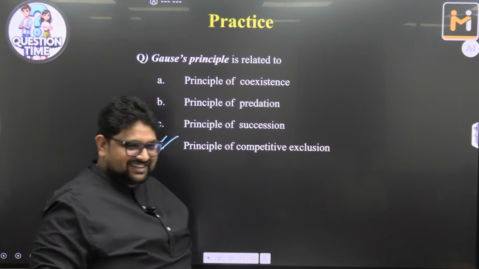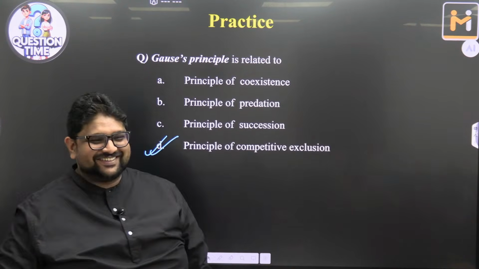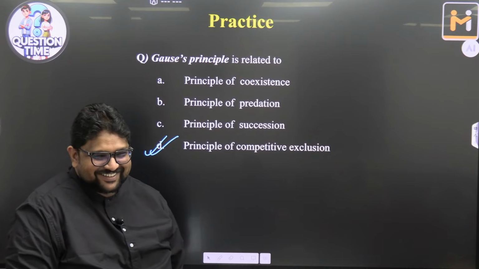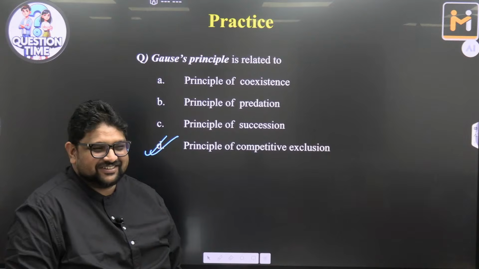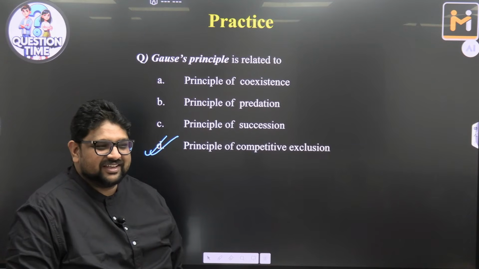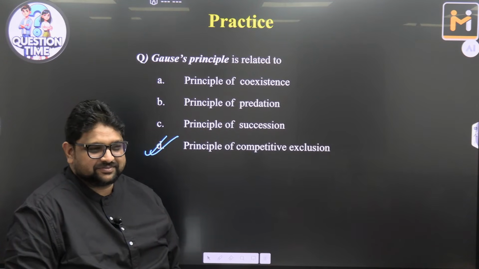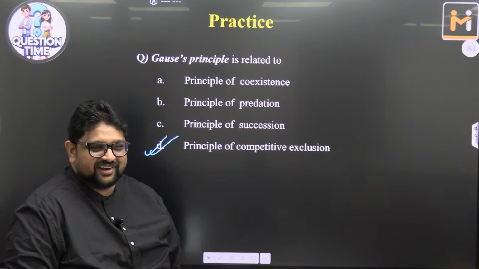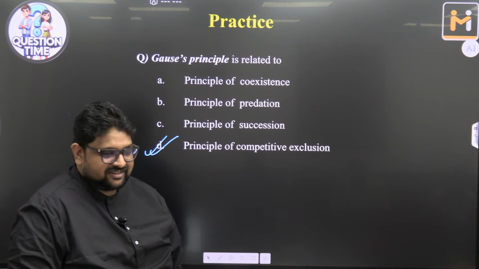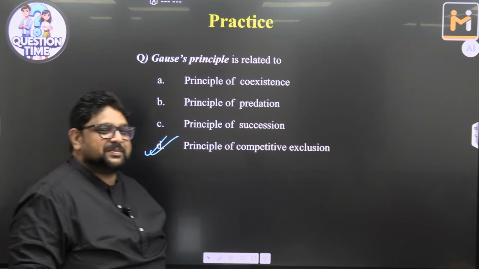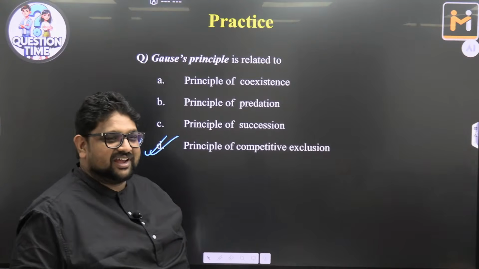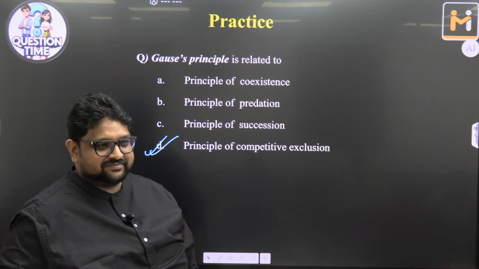You have written the next line. This is also called Gauss principle. So when you are reading something, read it completely. Gauss principle and principle of competitive exclusion are the same. Okay.